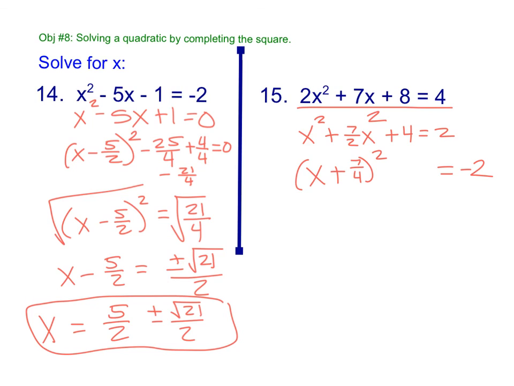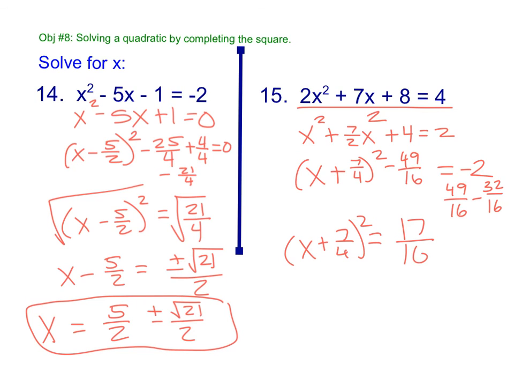Square the 7 over 4. It has to be subtracted off, 49 over 16. So then we're going to add that to the other side, 49 over 16. And then 2, that's 32 over 16. So we get x plus 7 over 4 squared equals, what is that? 17 over 16.